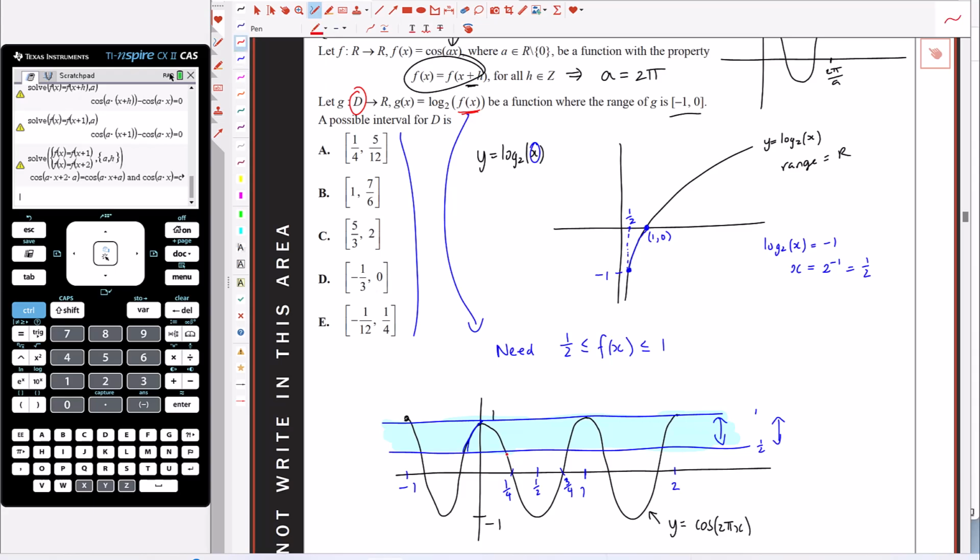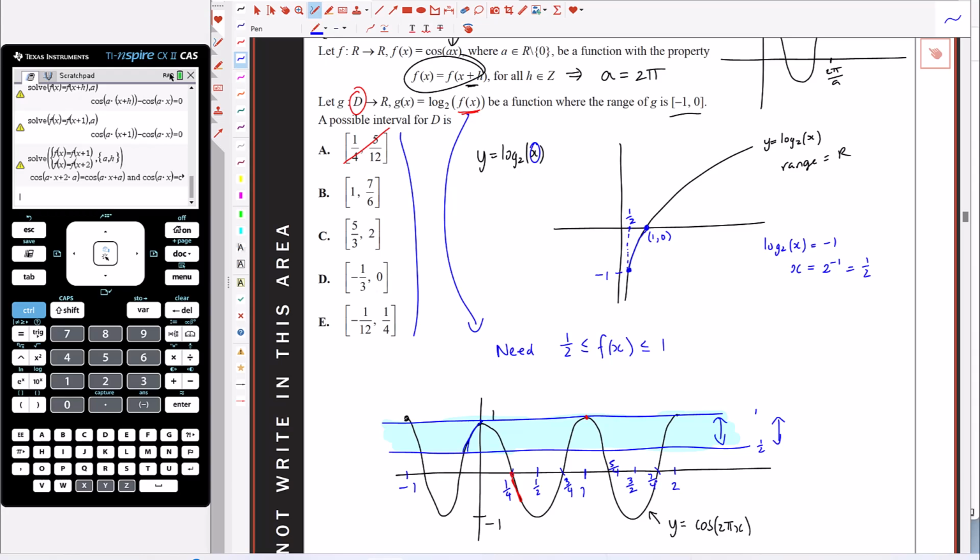So 1/4 to 5/12 would be from here to here. Okay, so that's definitely not going to be right. 1 to 7/6. So 1 is going to be here. So let's give us some more options. This would be 5/4. This will be 3 on 2. This will be 7/4, etc.